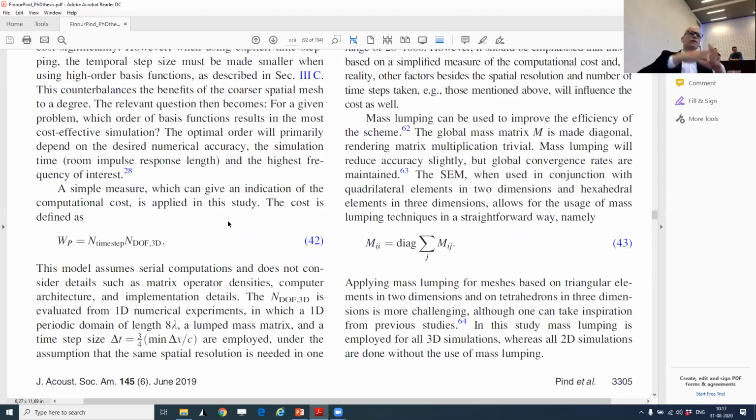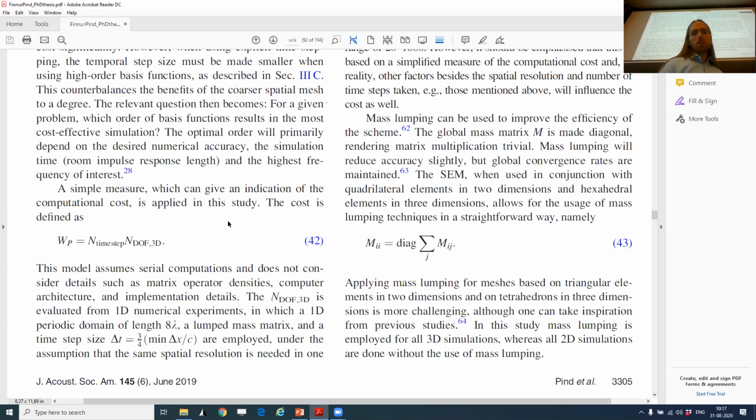Does that mean that the values off the diagonal have such a low value that they can be neglected? Is that the right interpretation? They're not neglected, they're summed. So you sum across the row onto the diagonal this way.